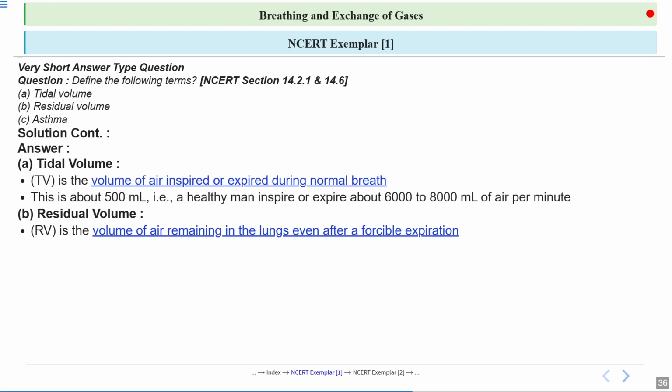Our lung never becomes empty. There is never a time when no air is present in the lungs. Some air is still there even after your forceful expiration. So that volume of air is called residual volume, and it is around 1100 ml to 1200 ml.